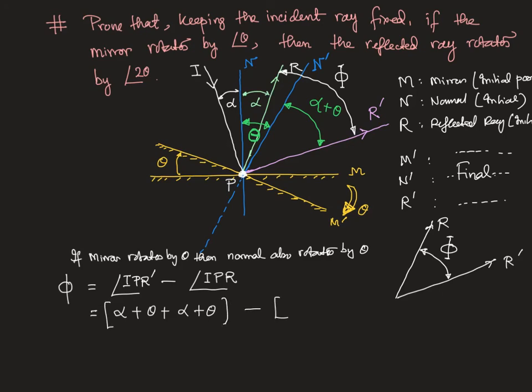IPR is how much angle? See, IPR is actually alpha plus alpha, 2 alpha. So this comes out to be 2 theta. So phi is equal to 2 theta. So we have proved that.